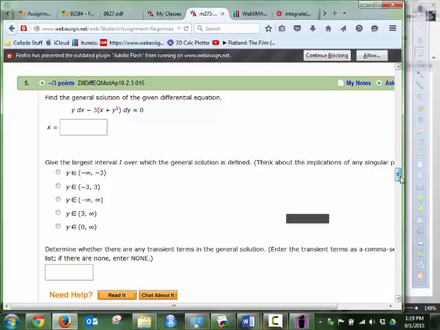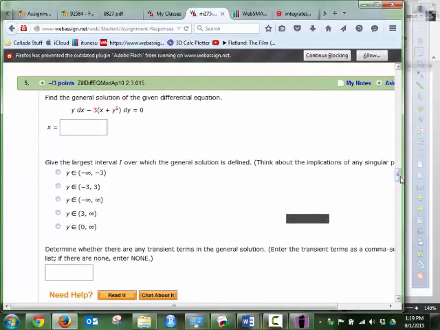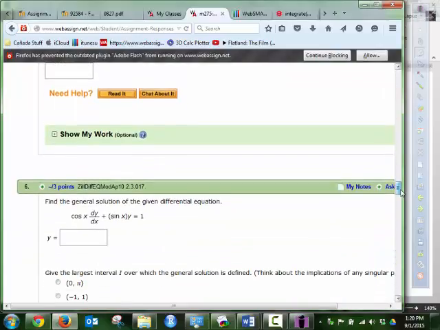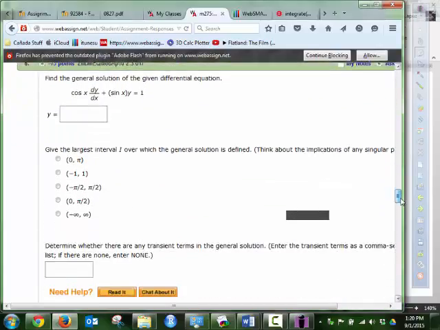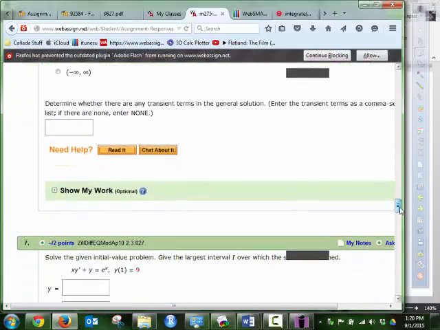Oh wait, I don't know if this will fit our mold yet. Let me think. No, I don't want to do that one. You want to do one with sine and cosine? Let's do one with sines and cosines.